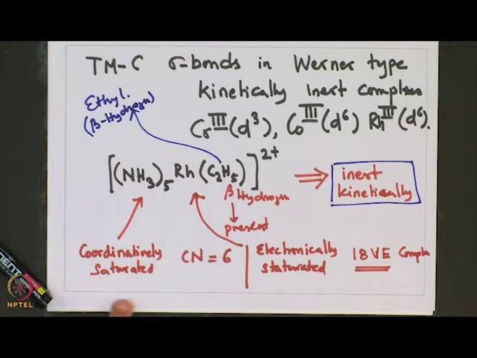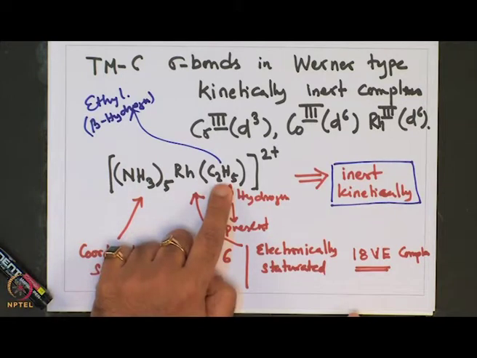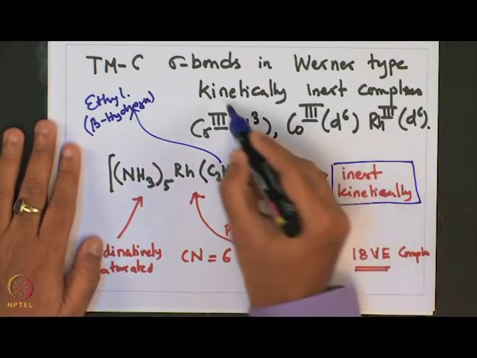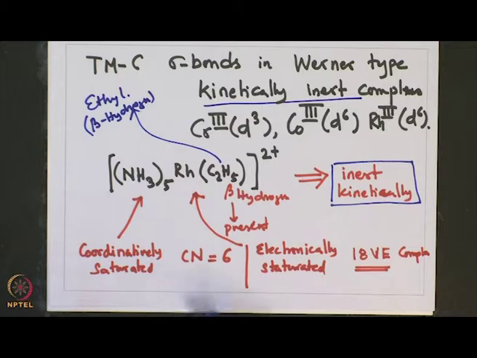So, what we saw is that if the third criterion for elimination is satisfied properly, then the ethyl moiety, despite having a beta hydrogen, cannot eliminate, and the compound becomes kinetically inert. This is a very interesting example.